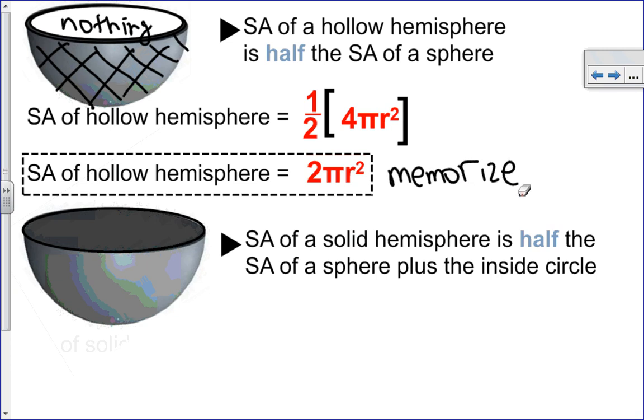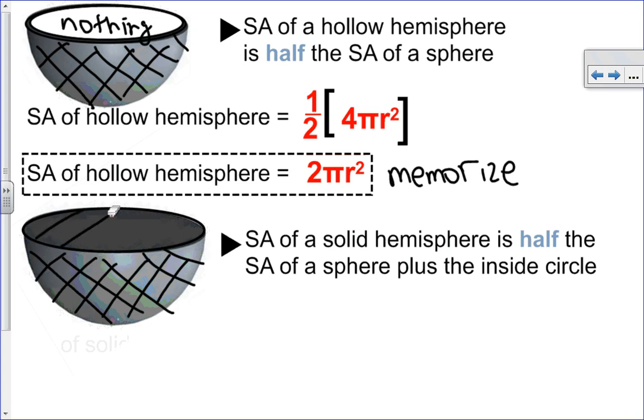Now, imagine that I had a solid hemisphere. So this could be a bowl with a lid, or maybe a watermelon that's solid. If I take half the surface area, again, I just get this bowl part here. But I have to remember that the top part is solid, and that's also a circle. So I take half of the surface area of a sphere plus this extra area of a circle on top.